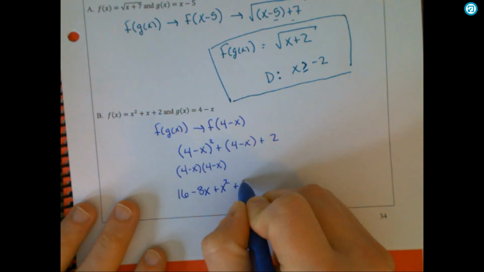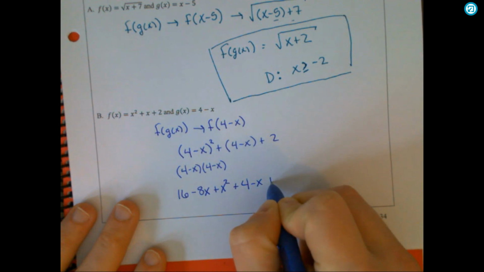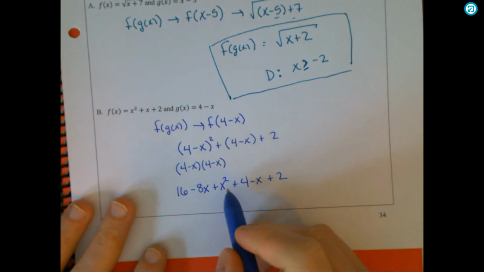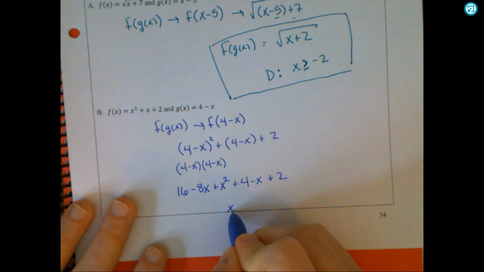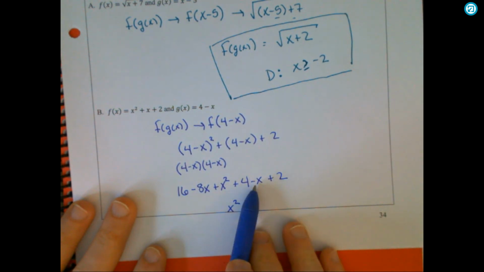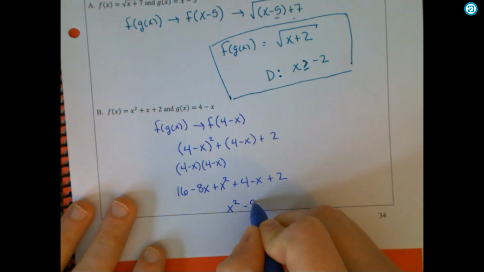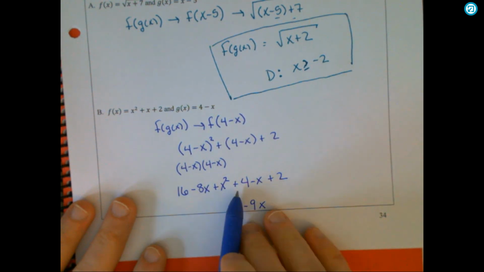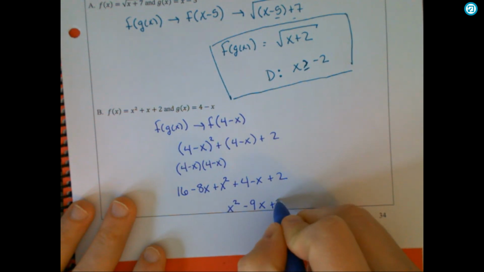Nothing else happens with the rest so far, so just drop it down. And then it's like terms from here. So x squared, that's all I have, it's just an x squared. X's, I have a negative 8x minus x gets me to negative 9x. And then numbers wise, I have 16 plus 4 is 20, plus 2 is 22.